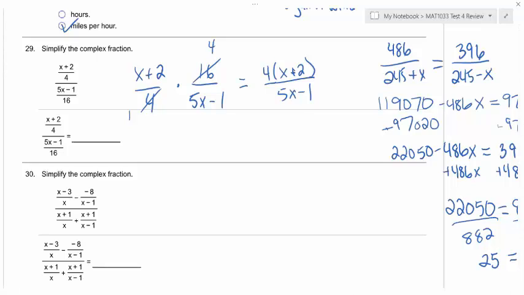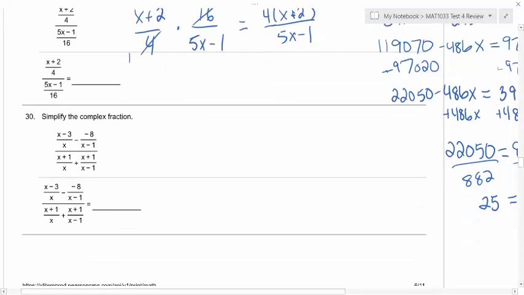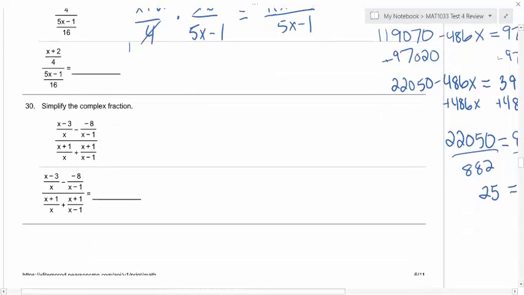Okay, so that's the best way to solve it when you just have one fraction in the top, one fraction in the bottom. However, sometimes you have multiple fractions in the top and multiple fractions in the bottom, like in the next problem. When that happens, I like to use the second method, which is to clear out everything by multiplying each term by the little LCD.